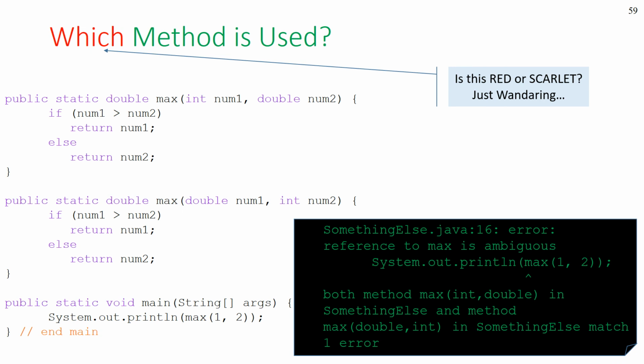So this is what Java is going to tell us: there is a compilation error, and the reference to max is ambiguous. When I call max here in system.out.println max, there's a hat right there, and Java says, I don't know which one you're calling.